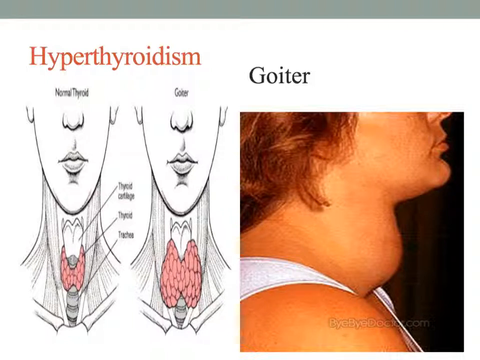Patients with hyperthyroidism present with signs and symptoms of a hypermetabolic state due to the increased levels of circulating thyroid hormone. These symptoms are an increased heart rate, increased blood pressure, and increased temperature. They have weight loss despite being hungry and eating all the time. They have excessive sweating, flushing, and warm skin.